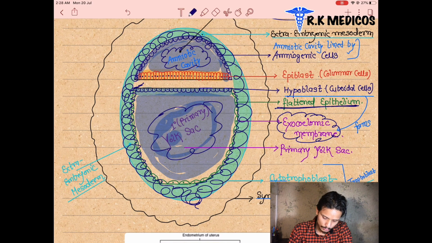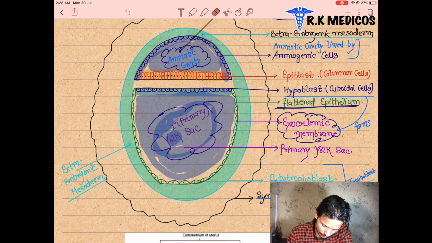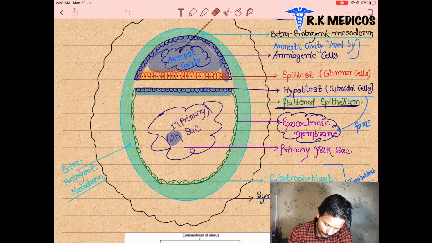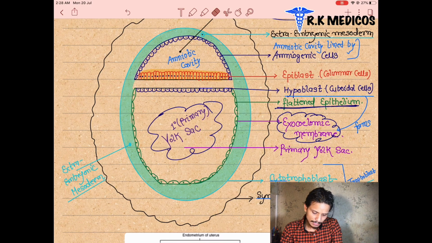So hope it is clear for you now. And now I am going to show you something. Now you can imagine where is the hypoblast, epiblast, and syncytiotrophoblast, where is the primary yolk sac.